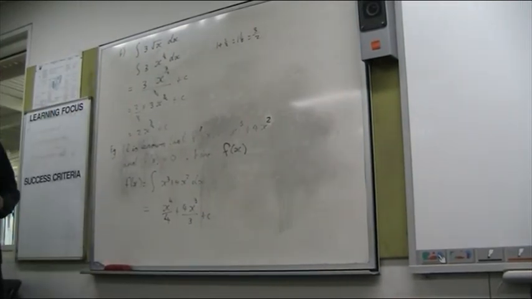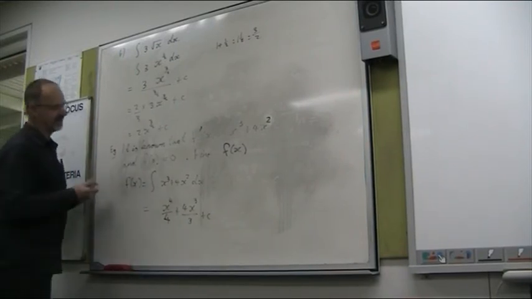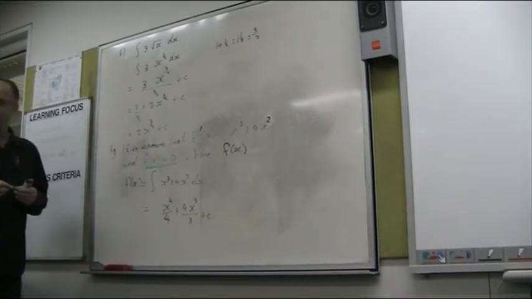And so this is where the f of 0 equals 0 bit comes in.